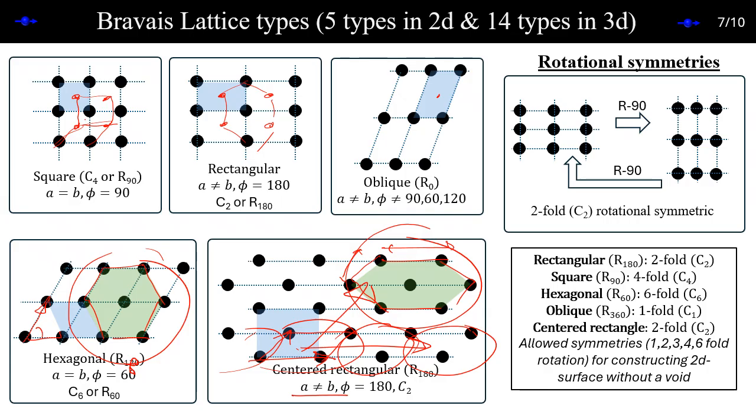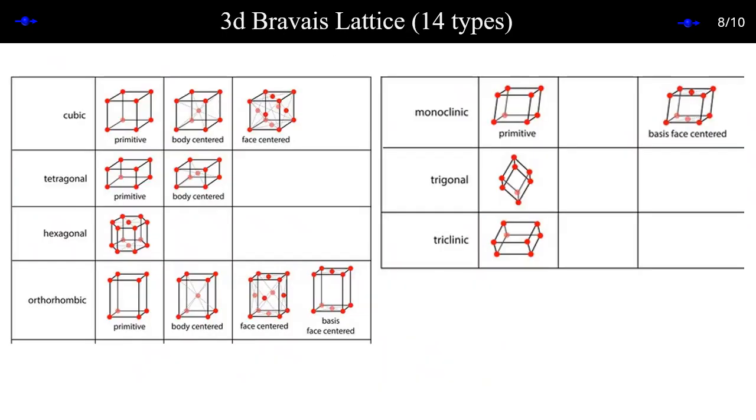Because in 3D things change. The main concern is there should not be any void. So these are the possible ways that mathematicians figured out; you can't have any other combinations. Okay, now let's get into 3D.